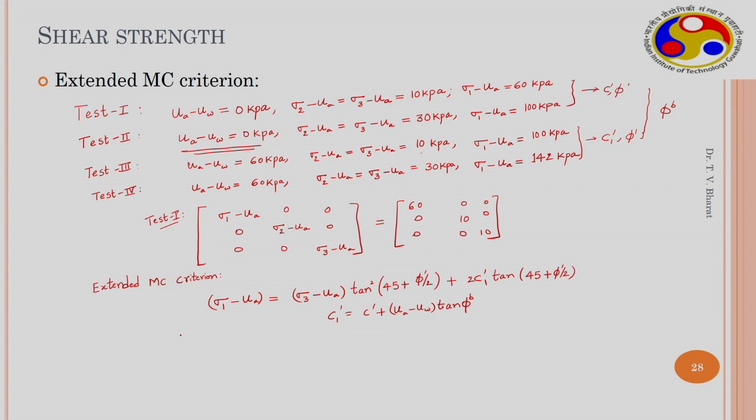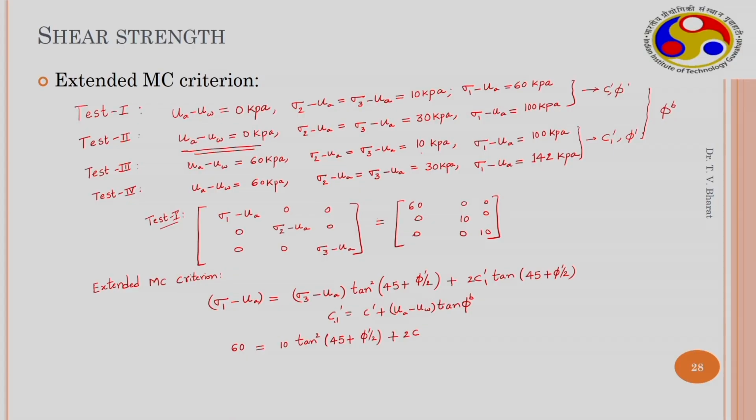Now for the first test data, we can substitute the values: sigma 1 minus UA becomes 60 kilopascal, and sigma 3 minus UA is 10 kilopascal, then tan square of 45 plus phi dash by 2 plus 2c. Here UA minus UW is 0, so I substitute the value of 0, then c1 dash is nothing but c dash. So this is 2c dash tan of 45 plus phi dash by 2.